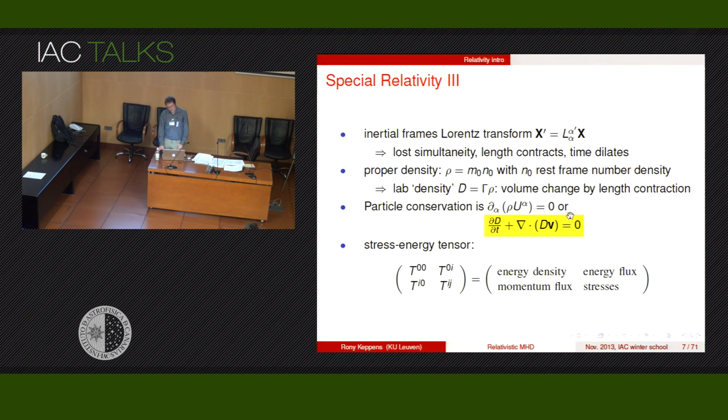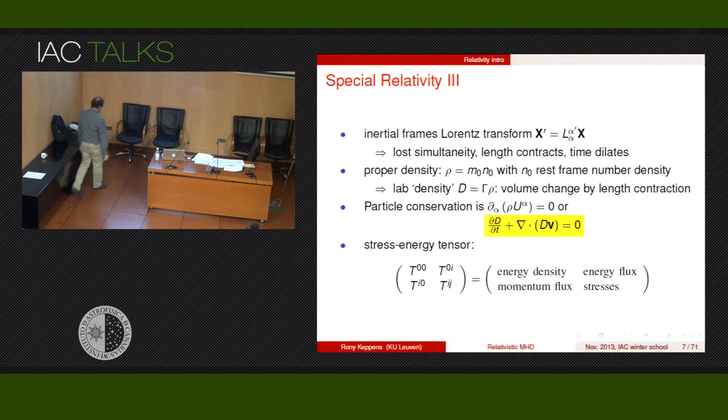Then this is the conservation of mass, but now relativistically, fine, okay? And now it looks like the non-relativistic version, of course, with the only difference that there is a Lorentz factor gamma. And of course, if gamma goes to 1, then this is mass conservation. Okay, so that's particle conservation.